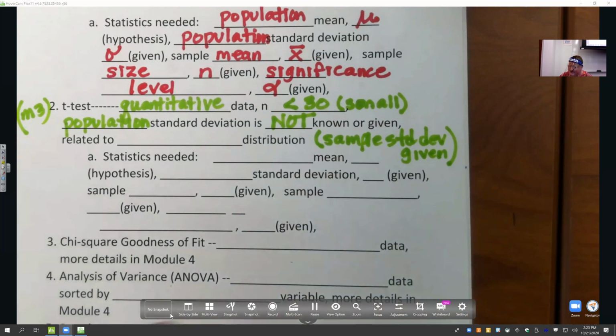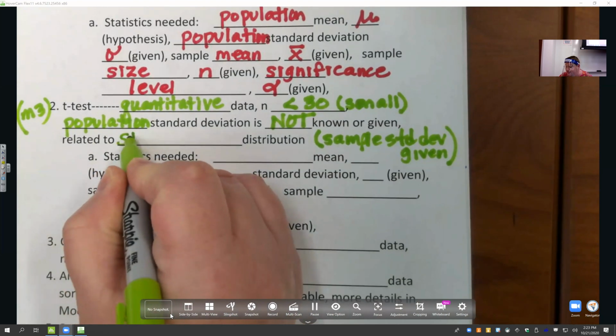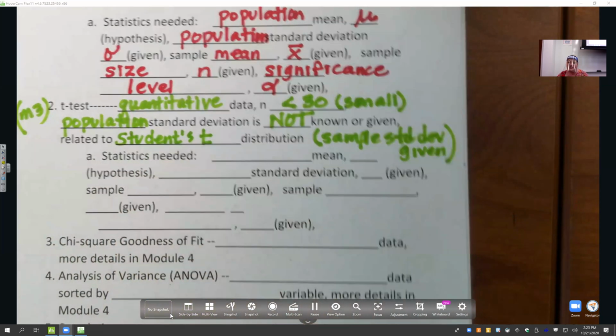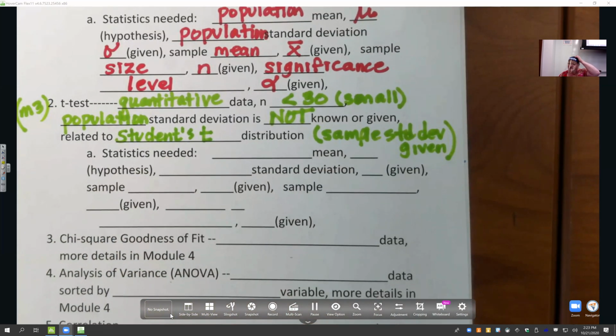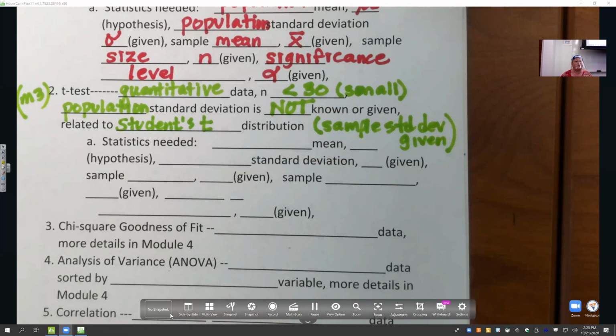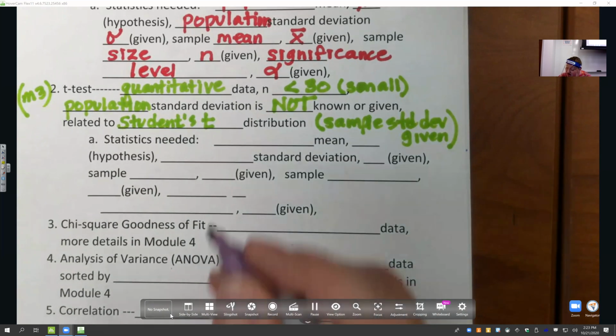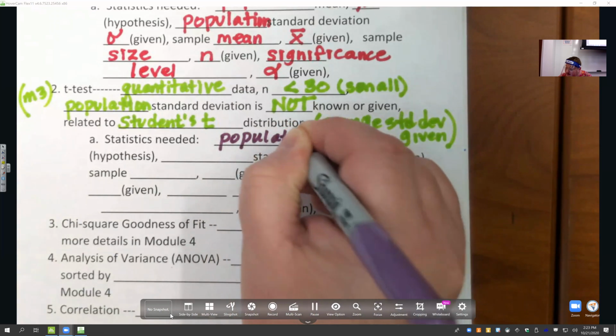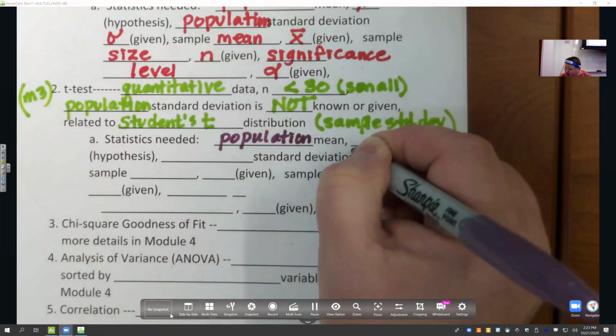The t-test relates back to the student's t-distribution that we talked about and I introduced you to last week when we were talking about the t-interval. The statistics that you need, again, should be given to you in your scenario. And those statistics are, again, the population mean, which will be the value that is in your hypothesis.